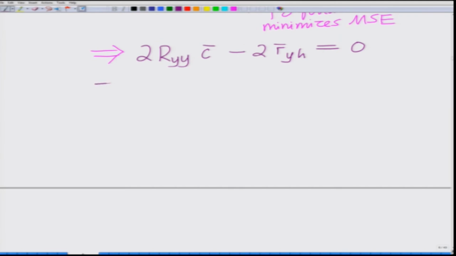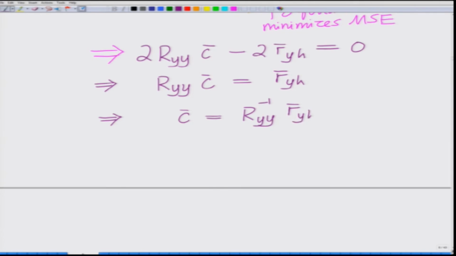This implies R yy C bar equals R bar yh. This is a system of linear equations, therefore C bar equals R yy inverse R bar yh. Okay.